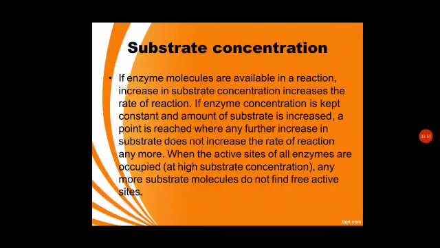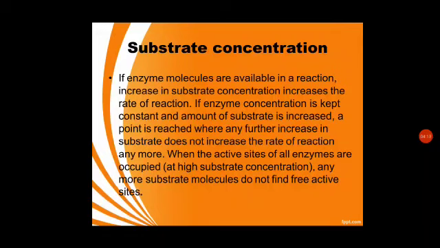Now the substrate concentration. If enzyme molecules are available in the reaction, an increase in substrate concentration increases the rate of the reaction. If enzyme concentration is kept constant and the amount of substrate is increased, a point is reached where any further increase in the substrate does not increase the rate of reaction.